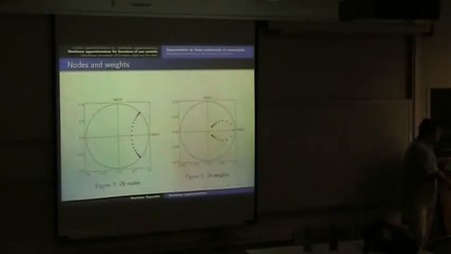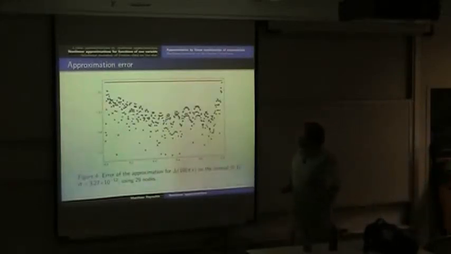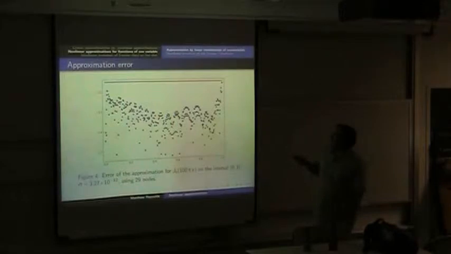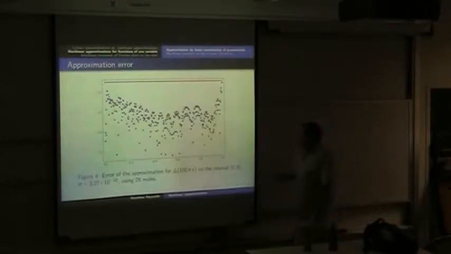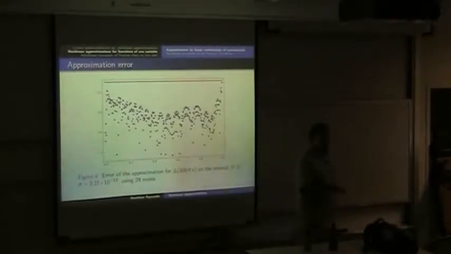Okay, and this is the error result of the approximation that's done in the paper. This is error in log scale, so this is in digits. I had chosen the Kohn eigenvalue to be 3.27 times 10 to the negative 12.